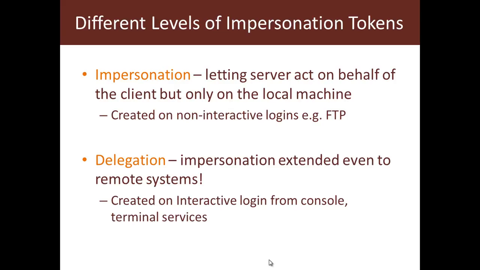Now these are very powerful because here the impersonation can extend even to remote systems on which the authentication credentials passed by the client are valid, which might be in the same domain or on an extended domain. Delegation level tokens are generally created using interactive login, such as somebody logging on the console or using terminal services.